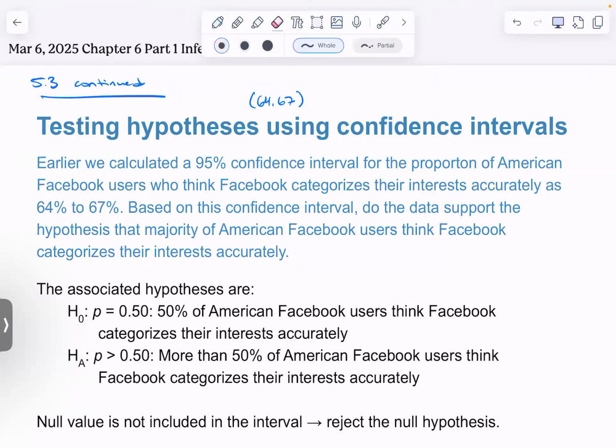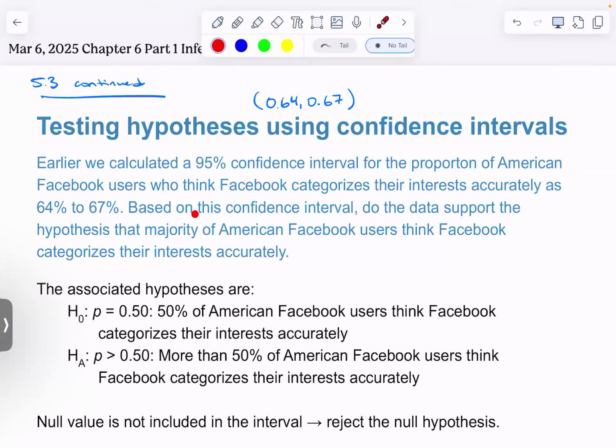Or as proportions, 0.64 up to 0.67. That's from my confidence interval calculation, and we did that last week.